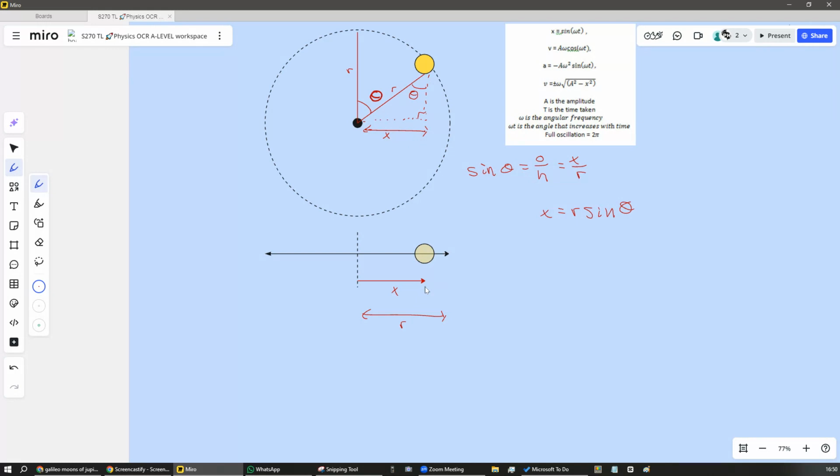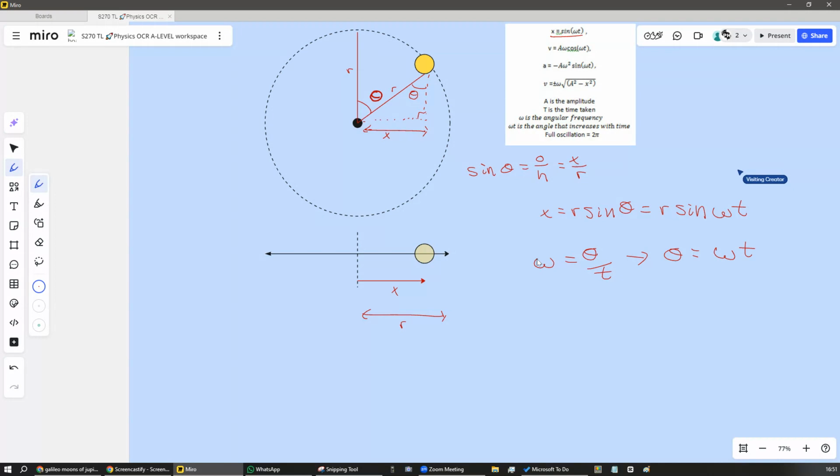Now, if we think of what omega is equal to, the rate of change of the angle, then rearranging that, we can say that theta is equal to omega times t. So therefore, x equals r sine theta, which is r sine omega t. That's what we've got over here. So that's where that came from.